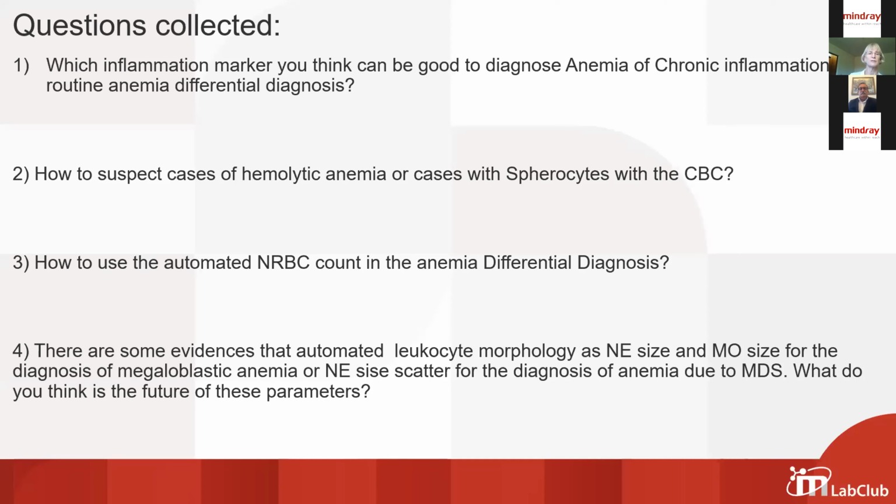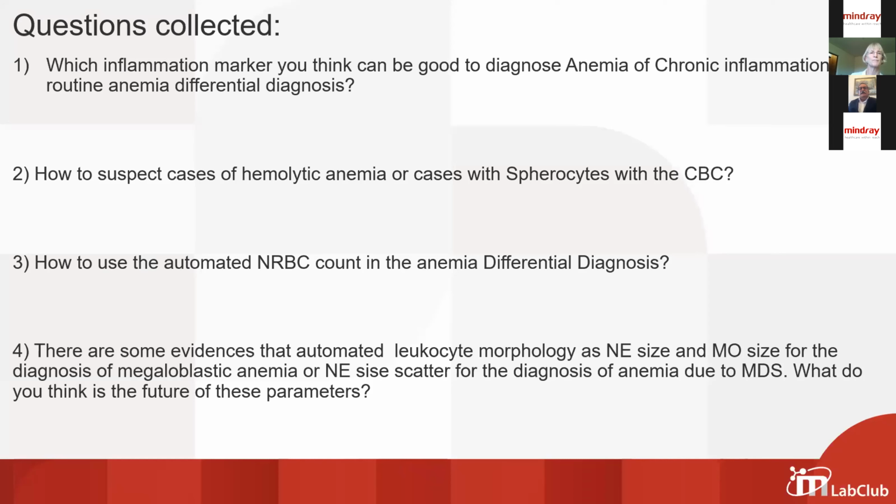Nucleated red cells are very characteristic, especially of adults with sickle cell anemia. You'll see many nucleated red cells in those patients. So it's important to pay attention to the NRBCs, but in more subtle cases of hemolytic anemia, they're not necessarily going to be elevated. It's only in more severe cases that they're elevated.